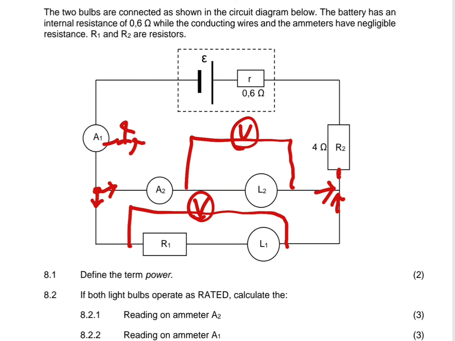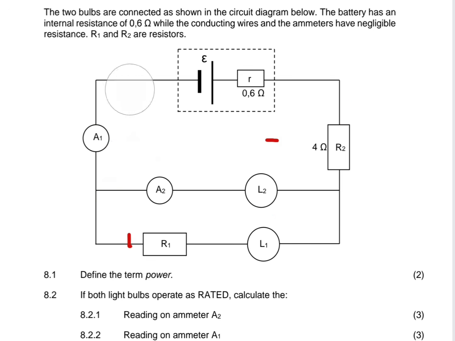So the current flowing out of R2 will also be the total current. But the current flowing through here won't be the total current, it will be the current that is split. Even the current flowing through A2 will be the split current, so it won't be the total current. But when you add the currents through here and through here together, they give us the total current.